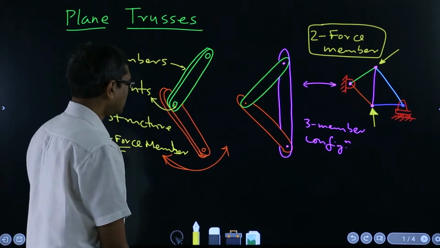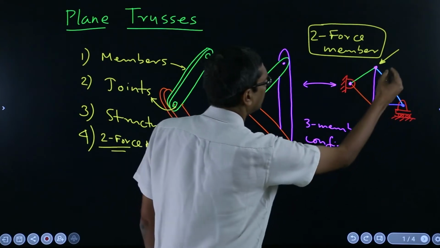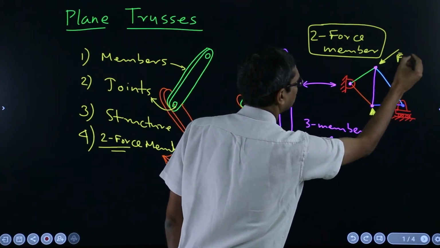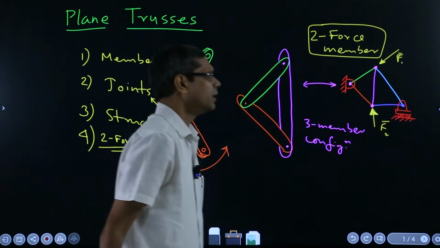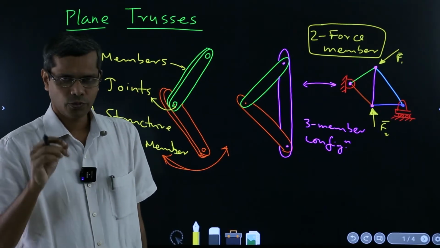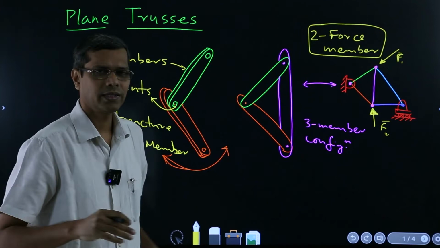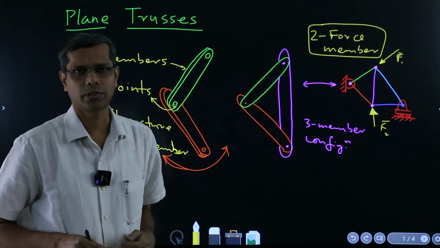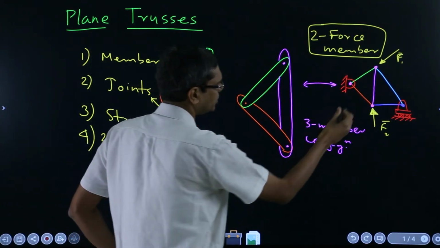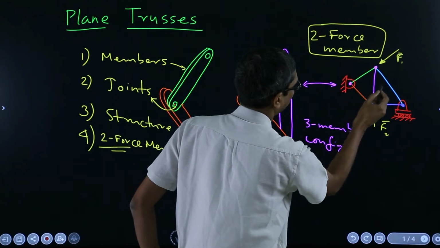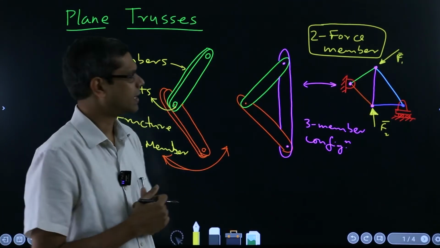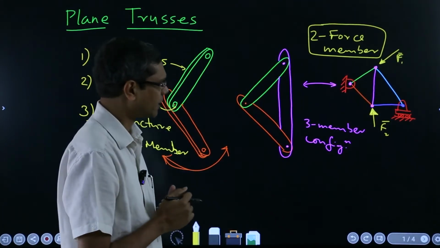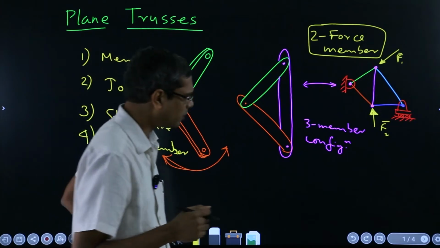When we say analyze a truss, what we mean is under these external forces, say F1, F2, etc., what are the forces that exist in all the members? Suppose there are how many members here? 1, 2, 3, 4, 5. So these 5 members, what are the forces which are acting in them? Because these are all two force members. And then why are they two force members?